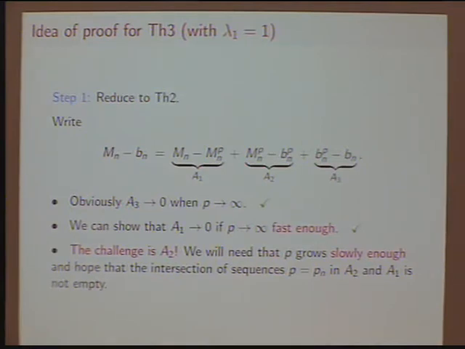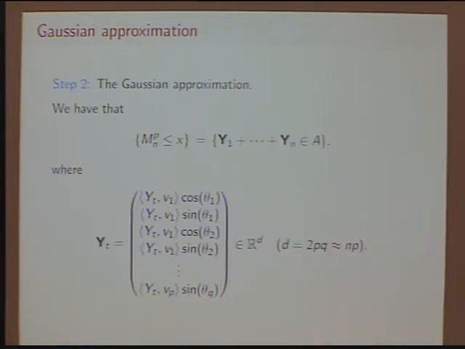Okay, so we're looking at this maximum periodogram when we have growing dimension. Okay, and if you write this down, this is not very complicated, actually, what we are doing. So I would like to compute the probability that M_{n,p} is less than x. I would like to have the distribution of this thing here, right? So M_{n,p} less than x, if you write it out on a piece of paper, you will notice that this is basically something of the form, the partial sum of n vectors being in a set A, where these vectors have this form here.